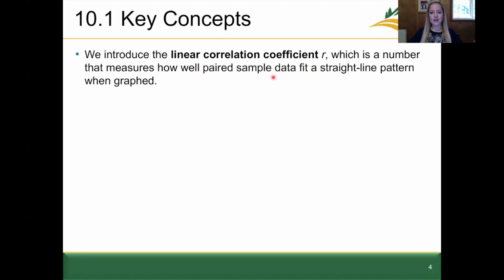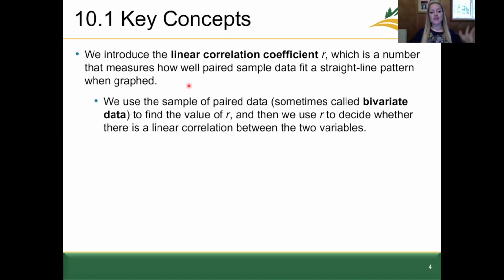Paired sample data, what does that mean? Well, we're used to seeing X and Y data, so that's our paired sample data, where one pair is one X value and one Y value. Along those same lines, we'll use the sample of paired data, which is also sometimes called bivariate data, where bi meaning two, variate similar to variable, so bivariate just means that we have 2 variables.